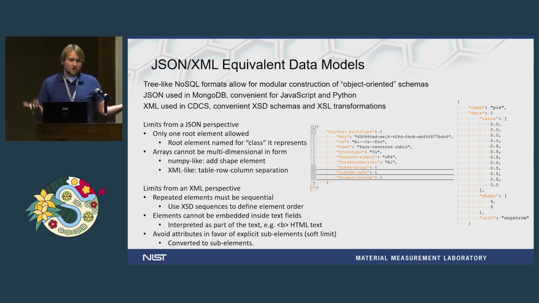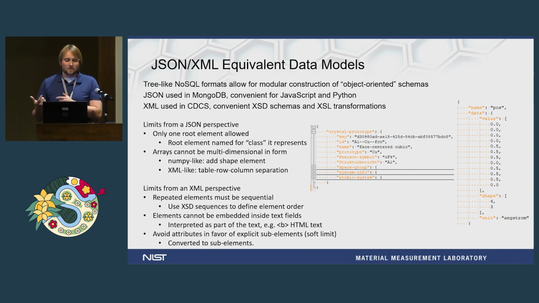Starting from the very bottom up, the database itself is based on JSON XML equivalent data models. So it's these data models, this information that can be represented equivalently in JSON and XML. We pick the tree-like data structures in large part because of the modular design, in that you can think of the data itself as being object-oriented.